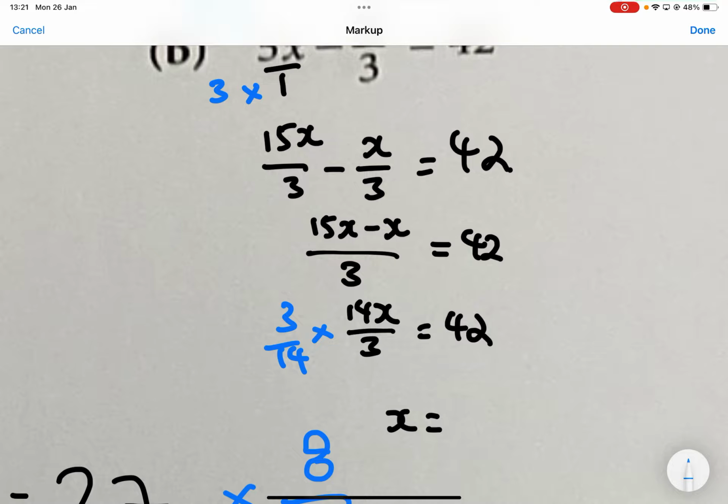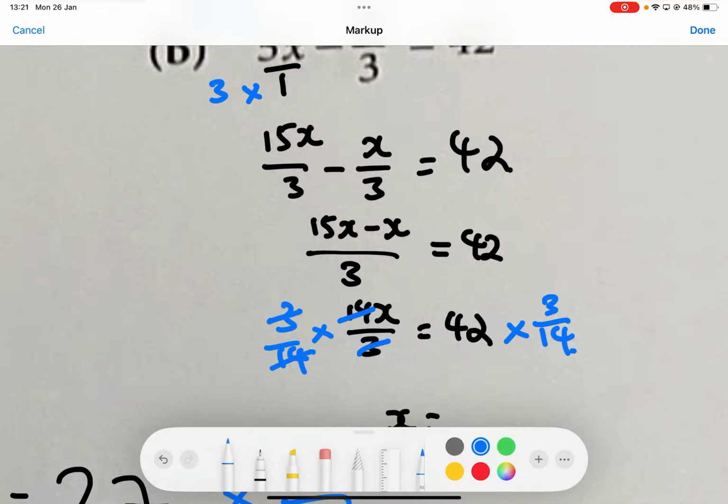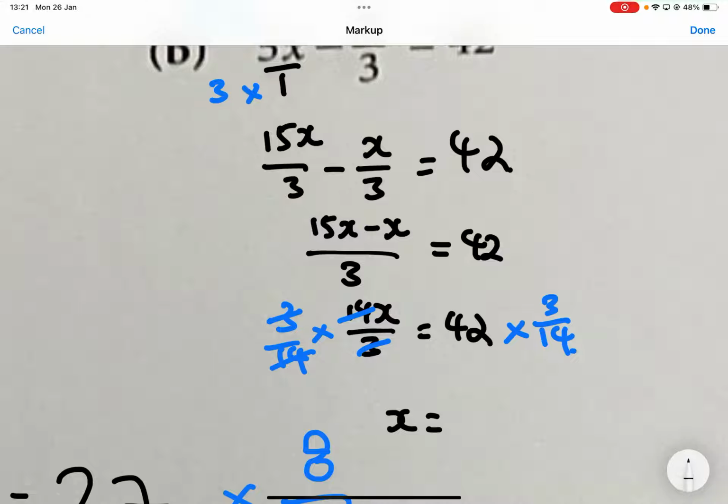That's why I decided to multiply by 3 over 14, so that it can cancel, it can cancel. And because I multiply that, I have to multiply the same thing to the right. Then I can press the calculator. 42 times 3 divided by 14. The calculator will tell you it is 9.